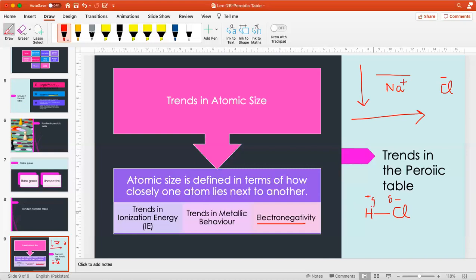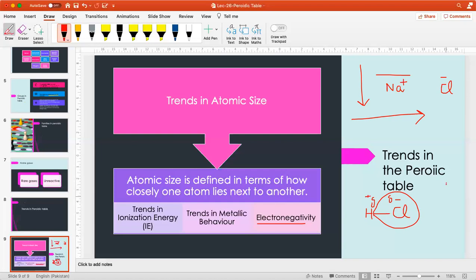Now this pair of electrons here, this one line represents two electrons. One electron is contributed by hydrogen and the other by chlorine. So this whole pair will mostly remain in the vicinity of chlorine. Why? Because chlorine is very highly electronegative as compared to hydrogen.